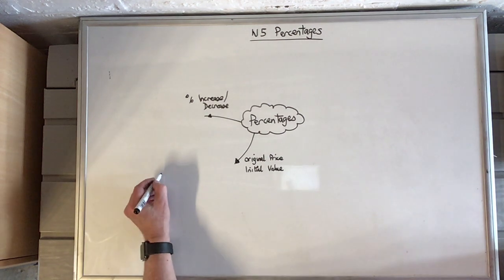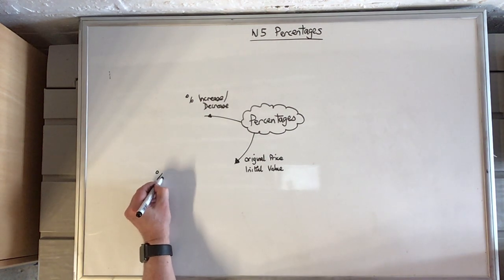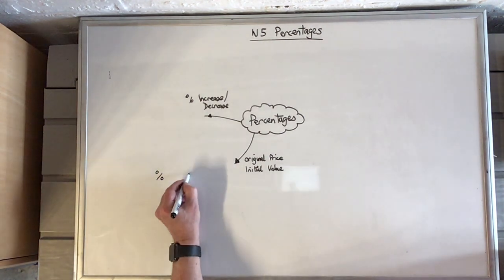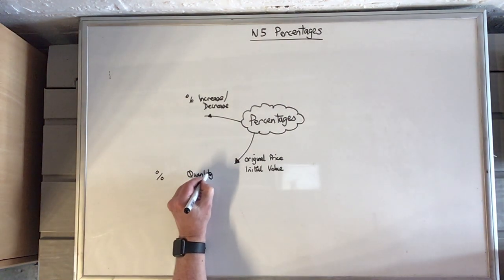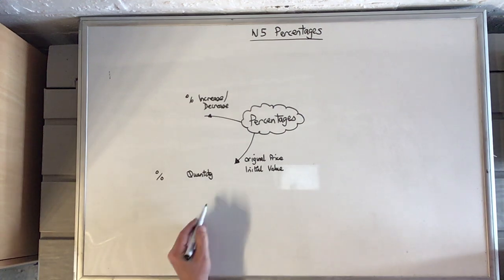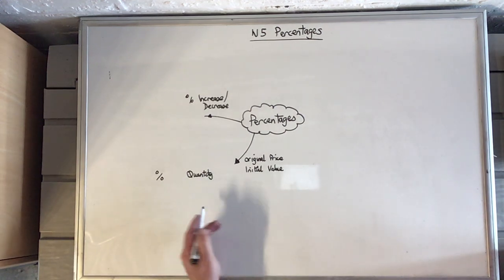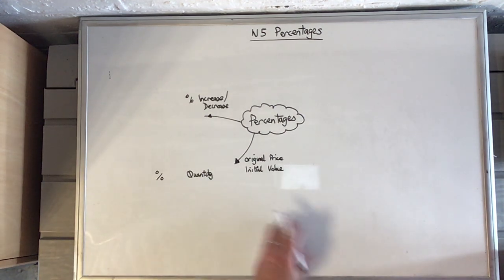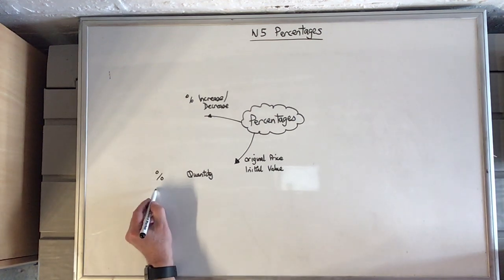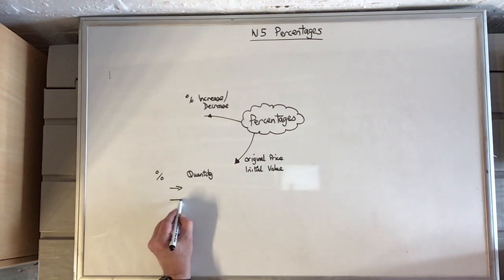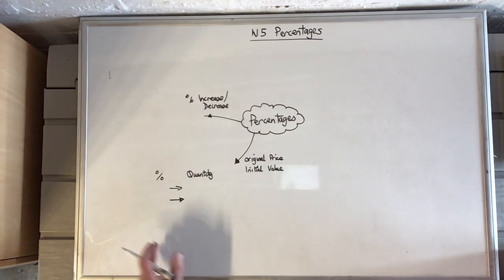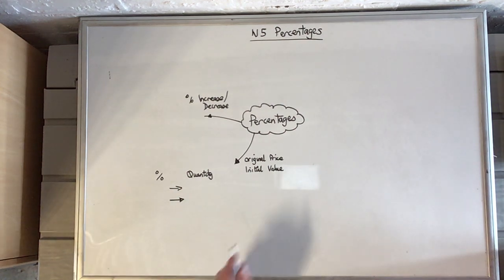But the format will be proportion. So percentage, quantity. Now the quantity is normally money, but it can be anything. It could be weight, it could be grams. So we usually have a percentage that equates to something, and then we find 100%, which is the original value. But we'll talk about that in the video that comes up.